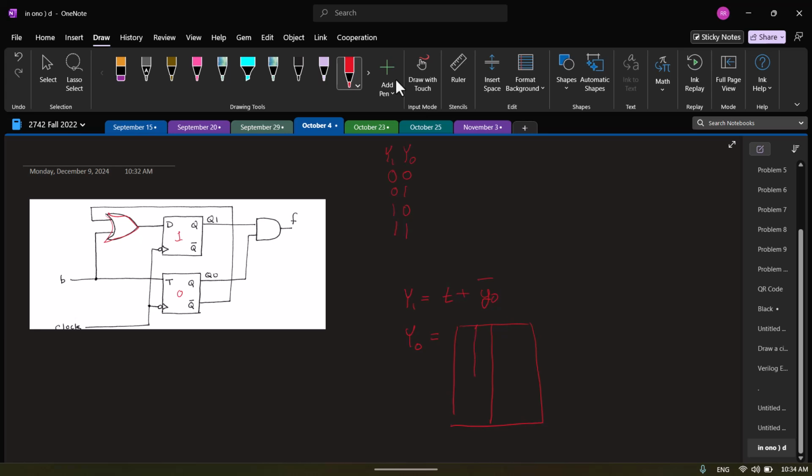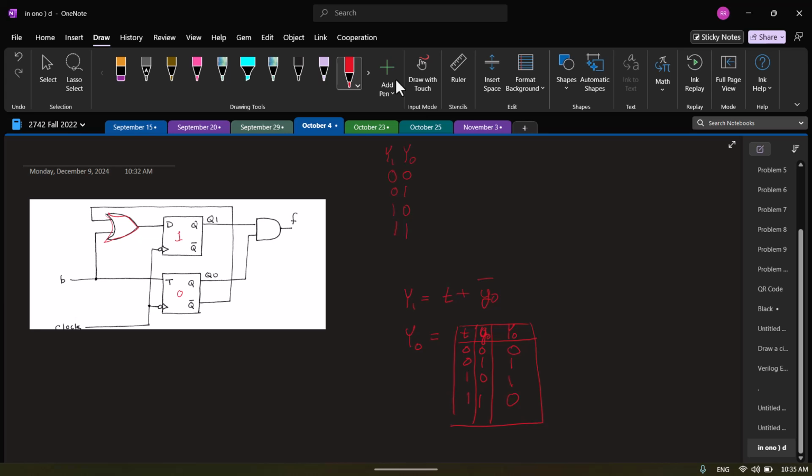So we have T and little y0 and big y0. 0, 0, 0, 1, 1, 0, 1, 1. So if t is 0, then this is unchanged. And if t is 1, then we toggle. So we get 0, 1, 1, 0. That is the exclusive OR.